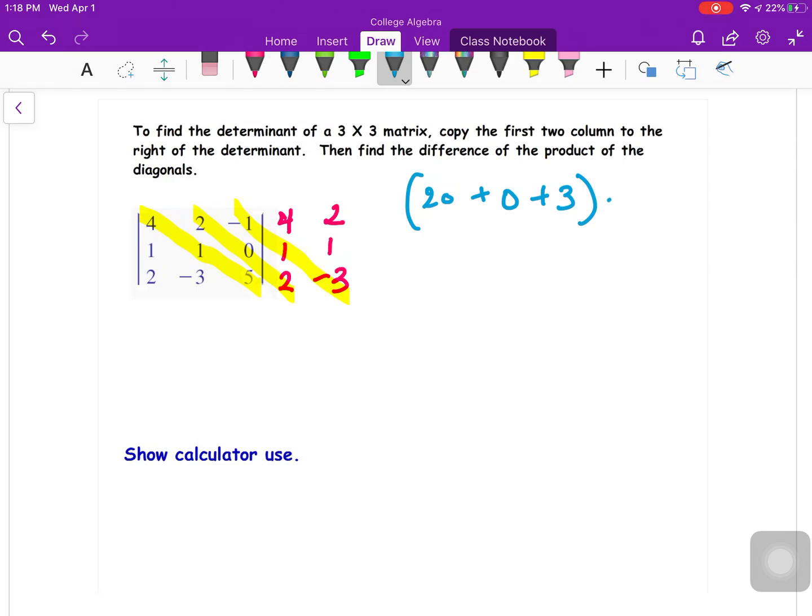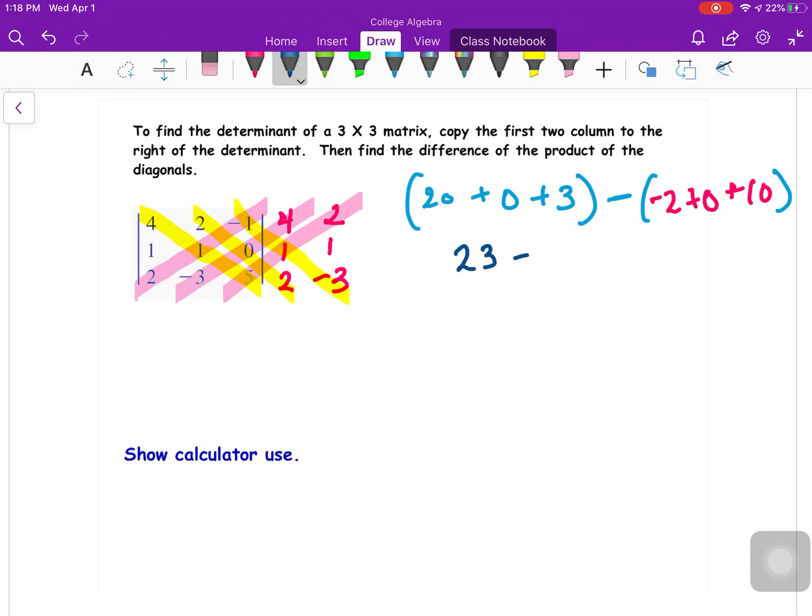So the sum of the products of the diagonals, minus the second set of diagonals. So I should have 3 diagonals this way now. So I have 2 times 1 times negative 1 is negative 2, plus negative 3 times 0 times 4 is 0, plus 5 times 1 times 2 is 10.